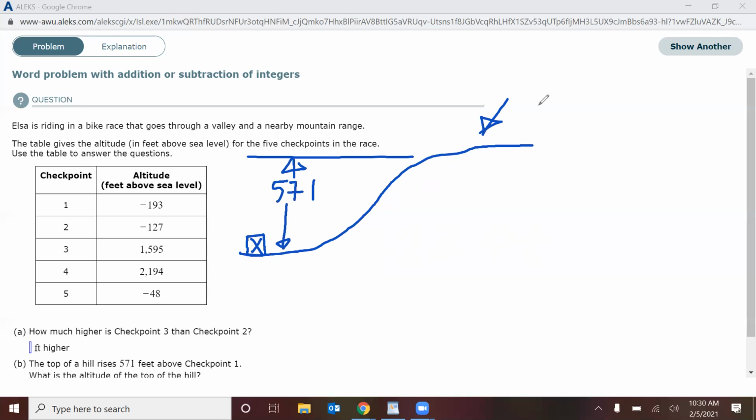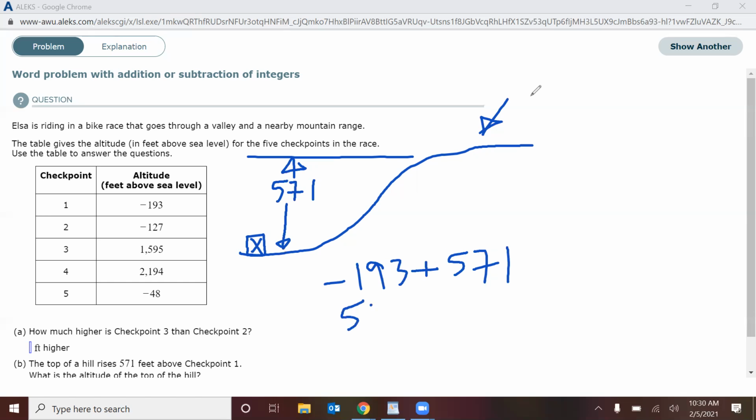So the altitude of the hill would be the altitude of checkpoint 1 increased by 571 feet. Now, when we have a negative number added to a positive, essentially, that's subtraction.